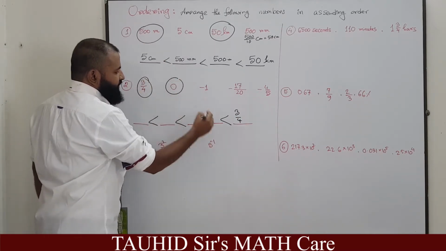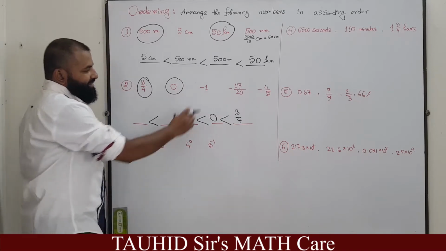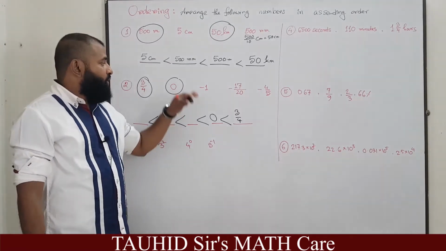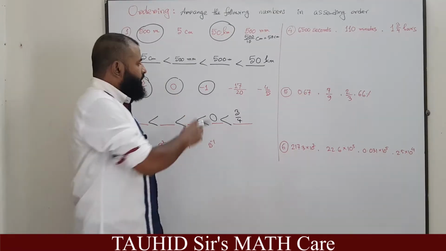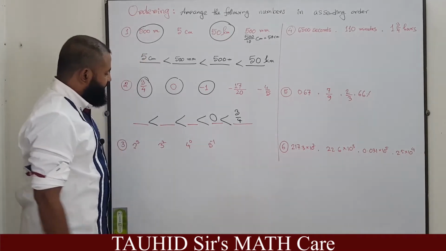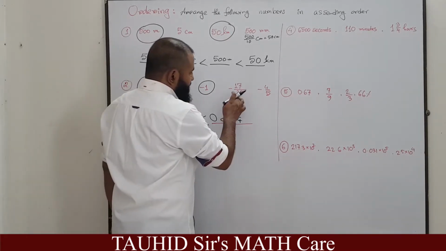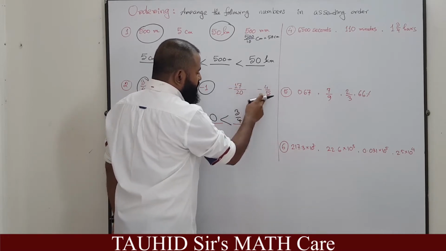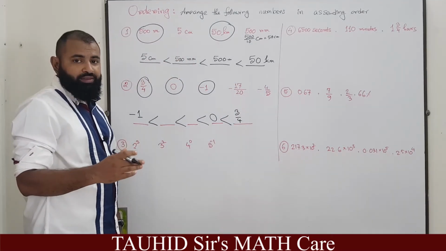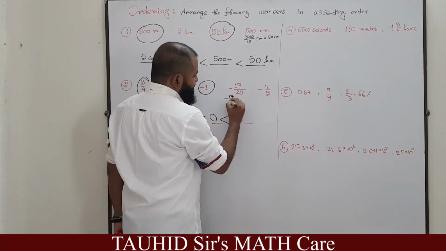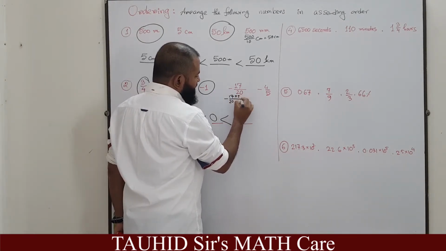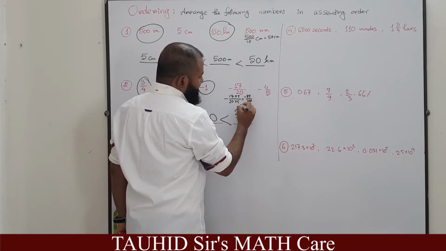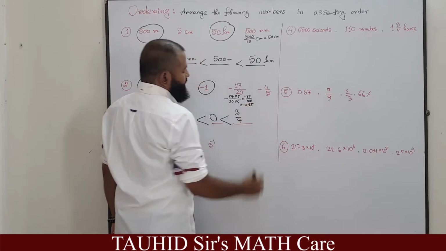0 is a non-negative number, so 0 will be placed here, and among these 3 negative numbers, you need to decide which one is the smallest. -1 is the least value. And what about -17 by 20 and -4 by 5? You need to convert them to decimal form. For -17 by 20, if we multiply both by 5, we get -85 by 100, that means -0.85.